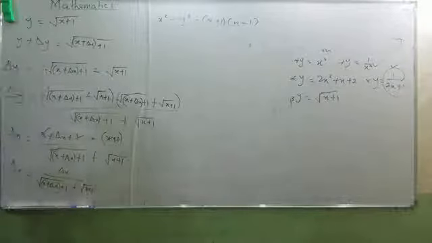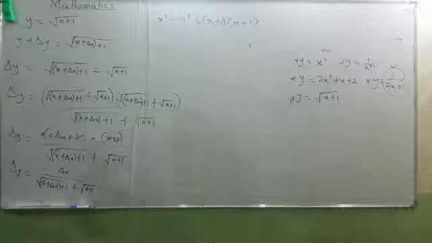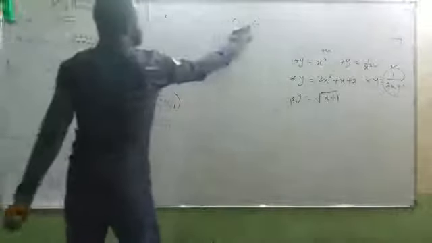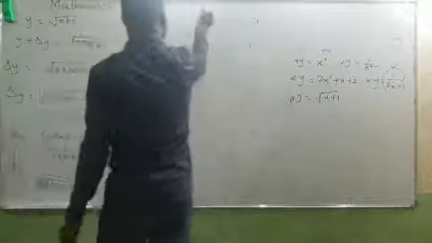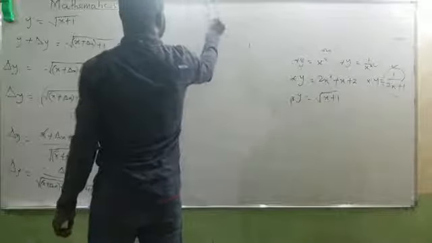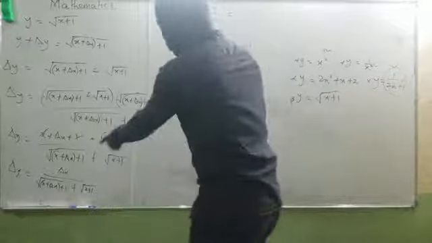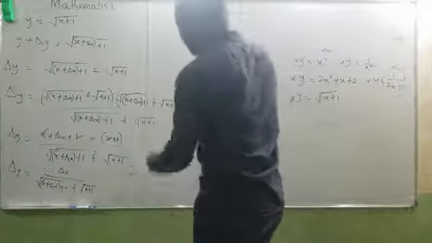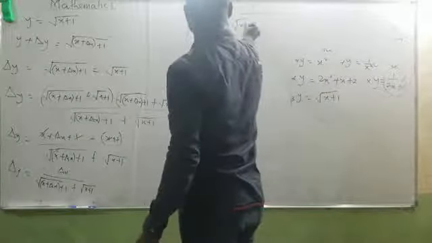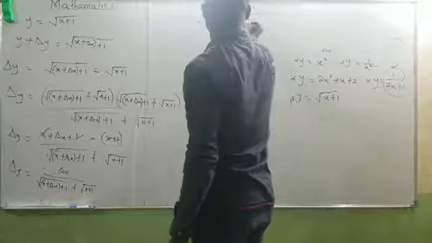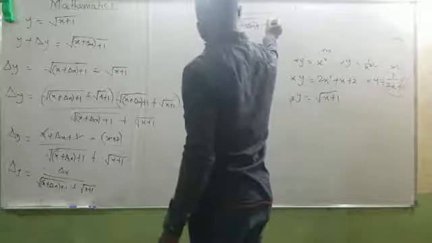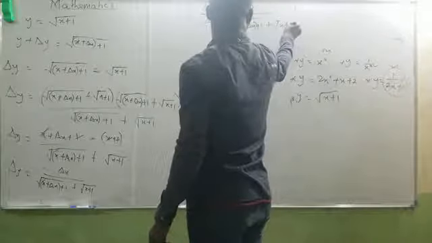Now, dividing by delta x, I will have dy over dx, which equals 1 divided by root of x plus delta x plus 1 plus root of x plus 1.